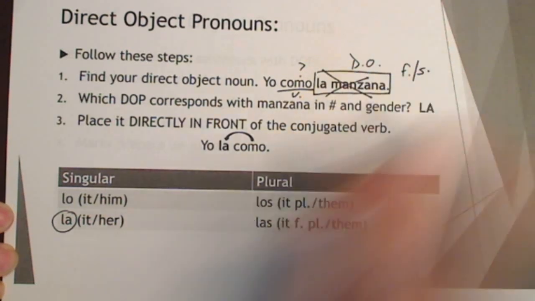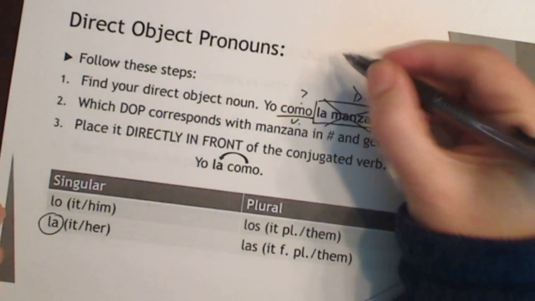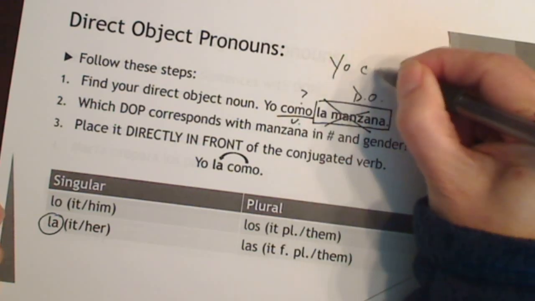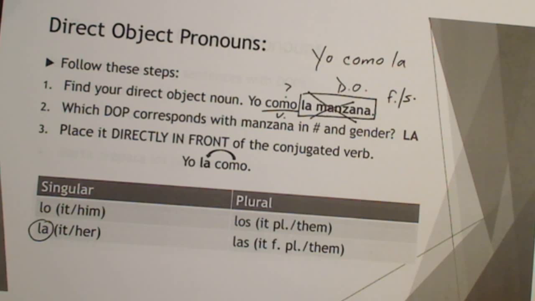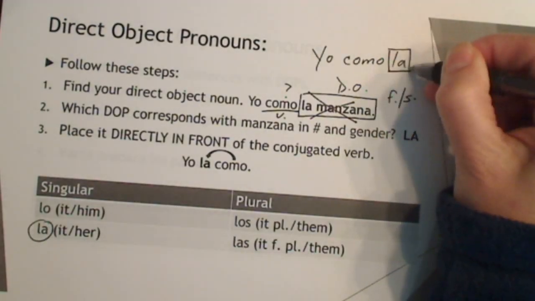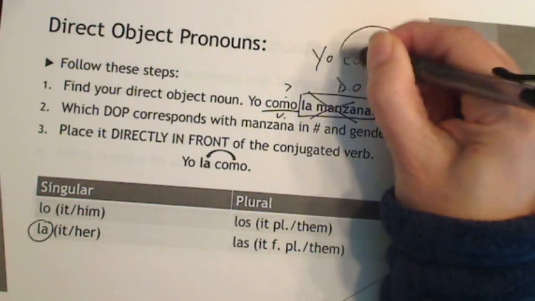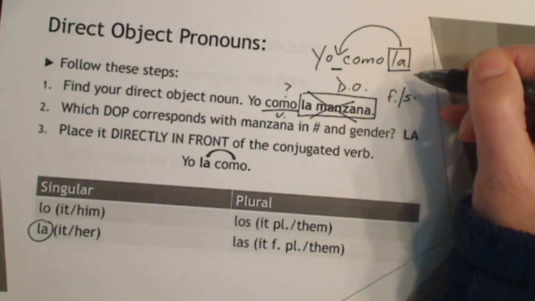But this is what you're going to do. You have to get rid of what you're replacing, okay? And in a perfect world, it would be yo como la, but it's not, okay? This is how we do it in Spanish. That DOP has to go right here, directly in front of the verb, okay?